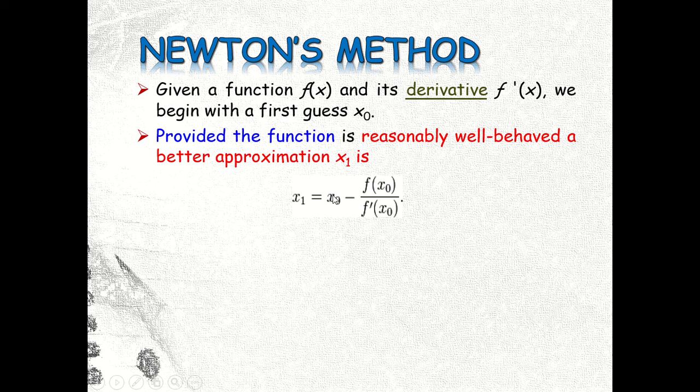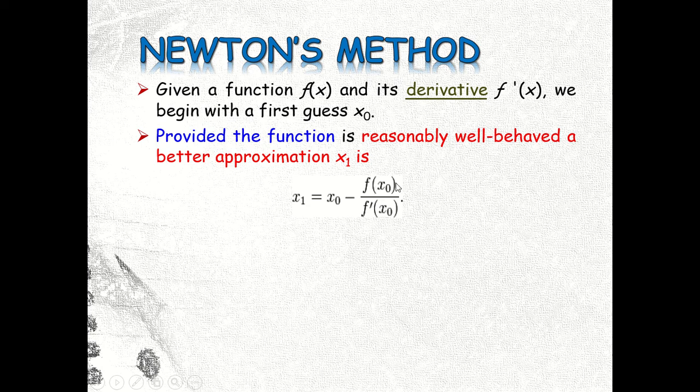So our x sub 1 can be solved using our initial guess, then subtract the ratio of the value of the function at that guess and the value of the first derivative at that guess.